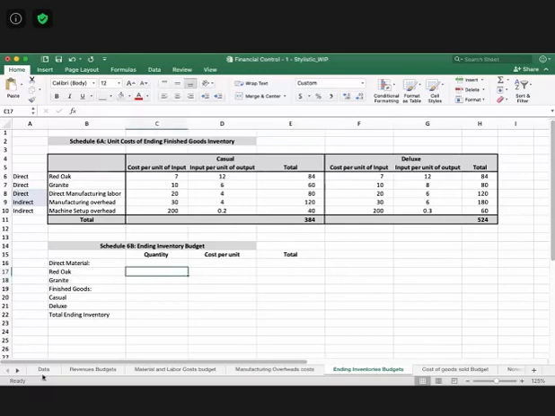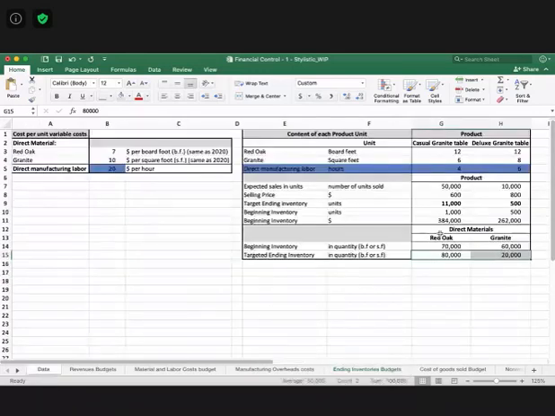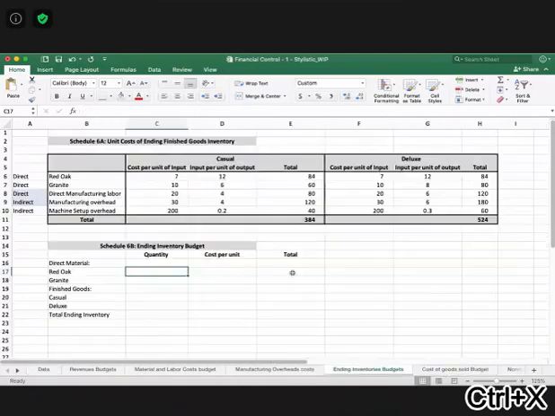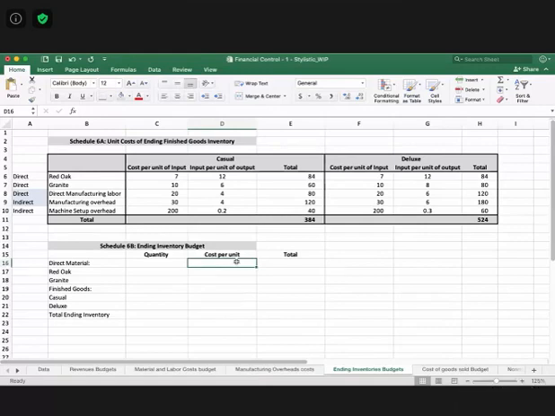We need to pick up the quantity of red oak and granite we want to have. For the granite, the targeted inventory in quantity is here, and you just need to find the cost per unit, which is certainly 7 and 10. So I let you 5 minutes and we discuss the solution.